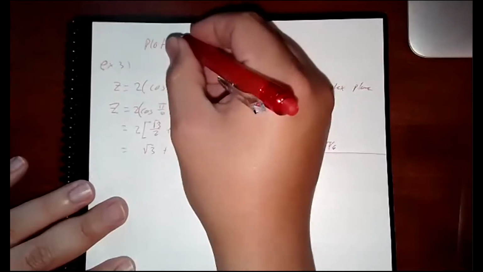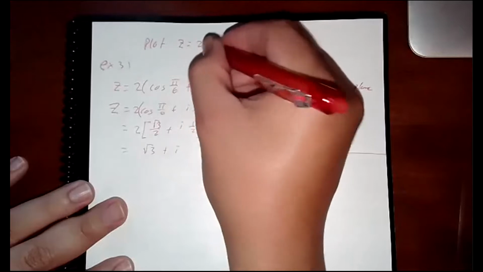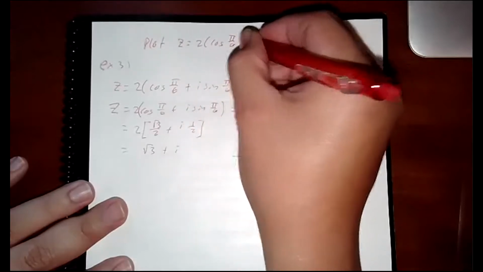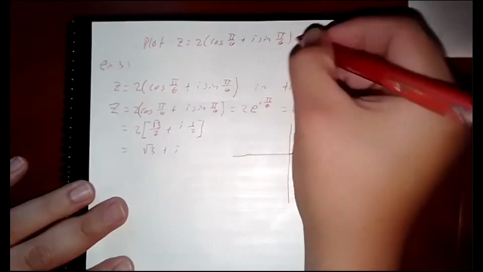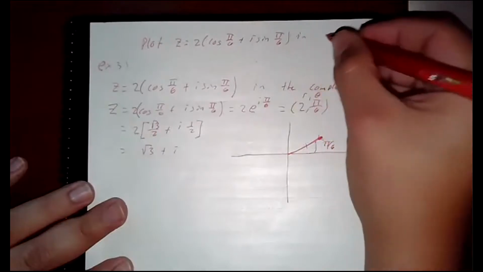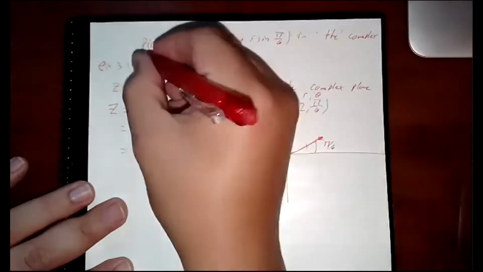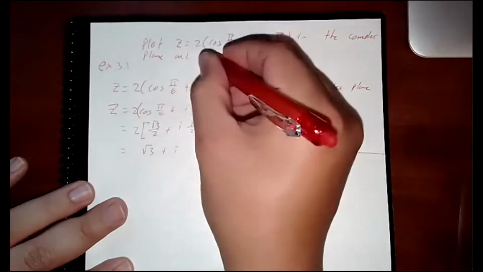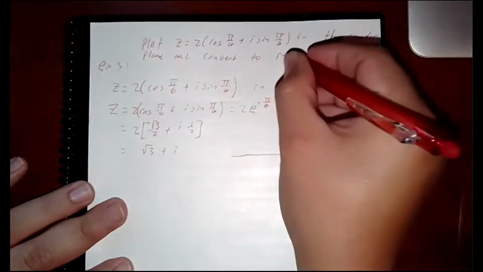Plot z equal to 2 cosine pi over 6 plus i sine pi over 6 in the complex plane. And convert it, that's the part I forgot, to rectangular.